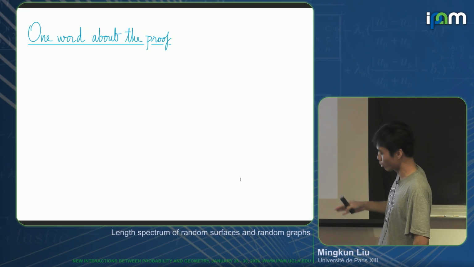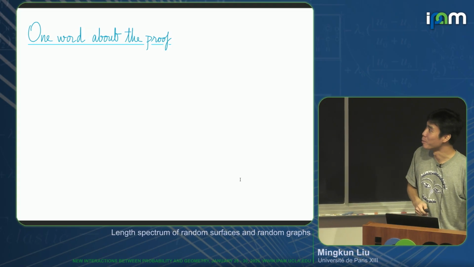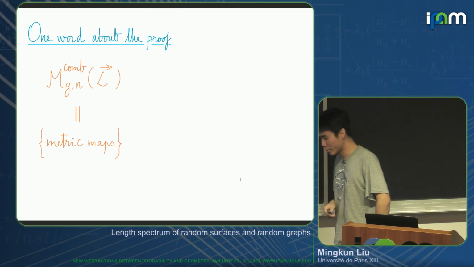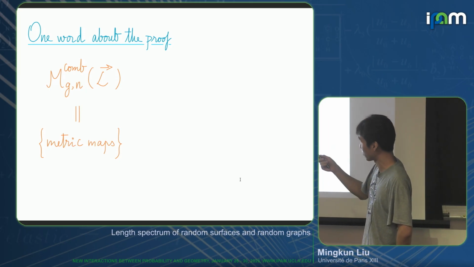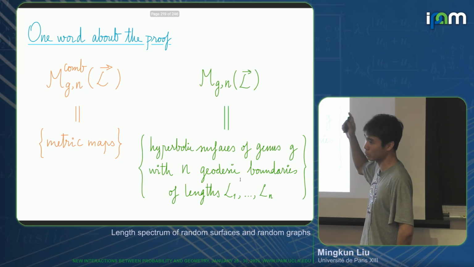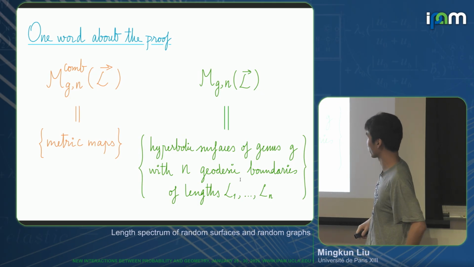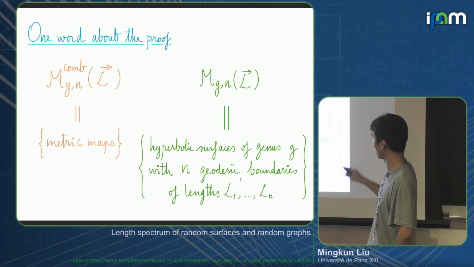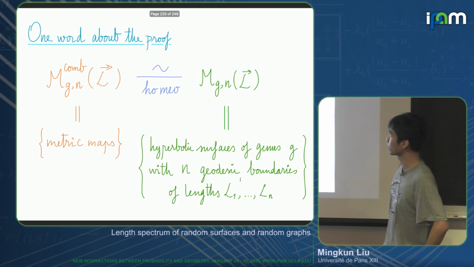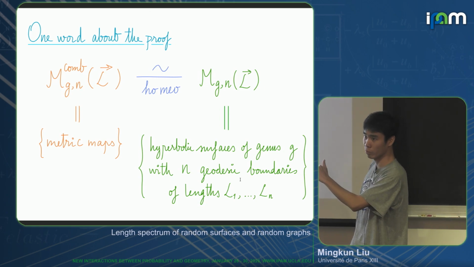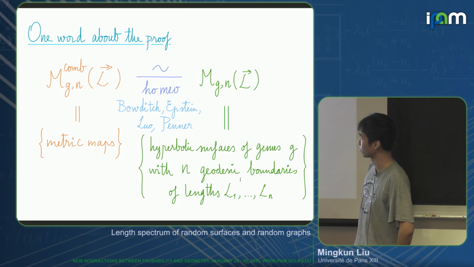Just let me say one more word before, and then we'll shut up. About the proof, it is not for no reason that we use this notation, M_{g,n}, which looks very similar to the moduli space of hyperbolic surfaces. Actually, consider a slightly more general moduli space of hyperbolic surfaces with geodesic boundaries of fixed length. And it turns out that these two sets are homeomorphic to each other. This is a classic result by Bowditch, Epstein, Penner, and others.